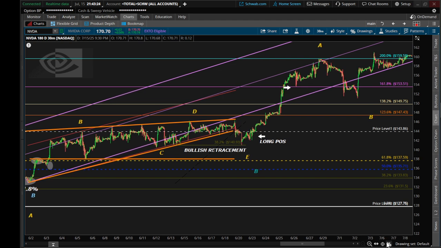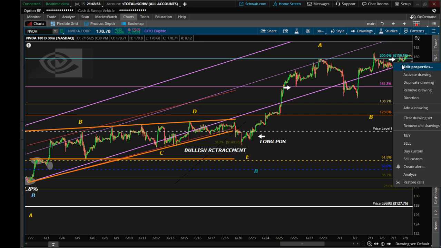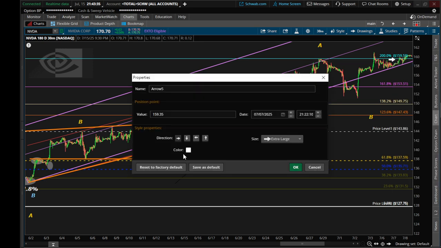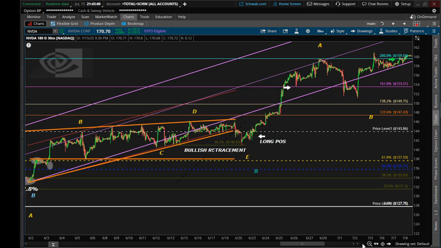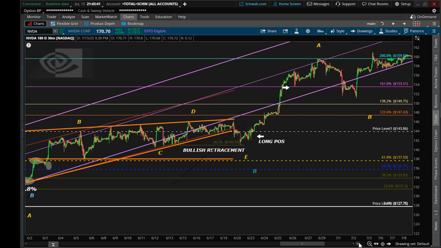I'm going to put an arrow again here, saying that we went long there. I should label it green for long and red for short. There we go. Let's keep going, simulating. There's the bounce off the 200 again.